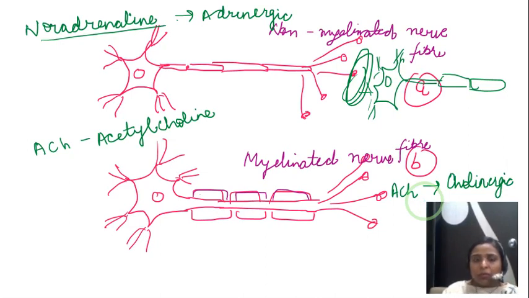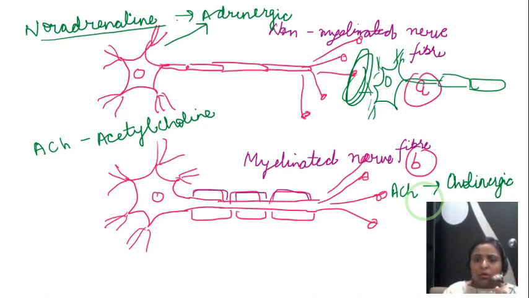It's simple. You now know the neurotransmitter, right? The neurotransmitter is required for sending the impulses from one neuron to another neuron. The neuron which is releasing noradrenaline as a neurotransmitter would be called an adrenergic neuron.